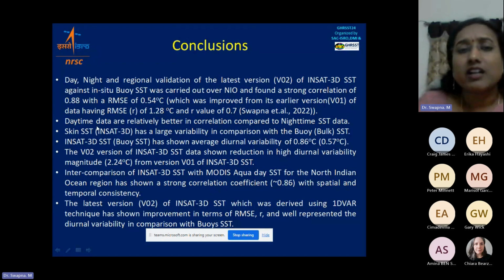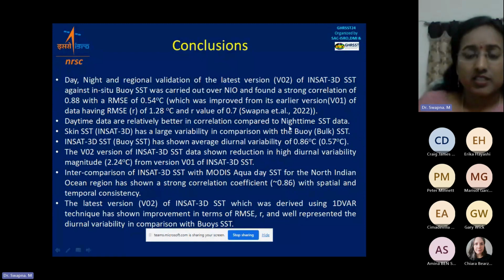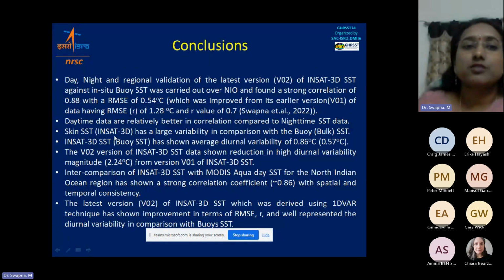Daytime data are relatively better in correlation compared to nighttime SST data. As I told, INSAT-3D SST has nighttime calibration effects due to the geostationary platform, so this is expected. And skin SST has large variability in comparison with buoy SST.